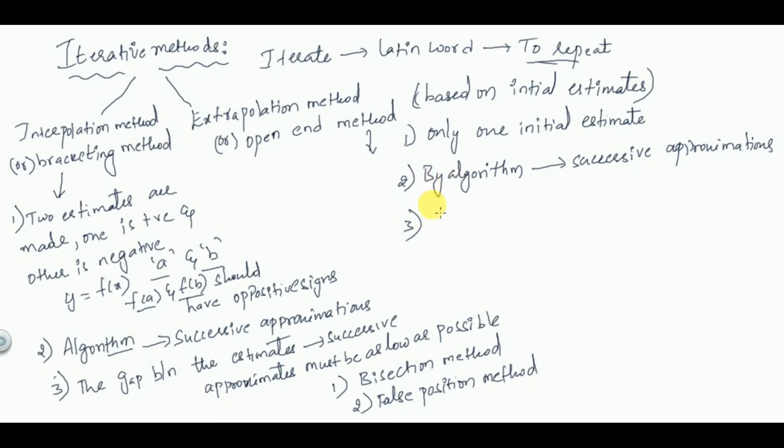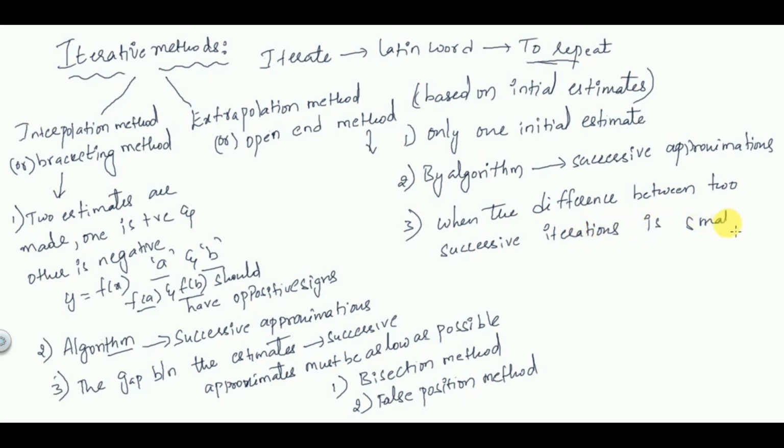In the extrapolation method, the iteration stops when the difference between two successive iterations is small. Then you can stop the iterations.